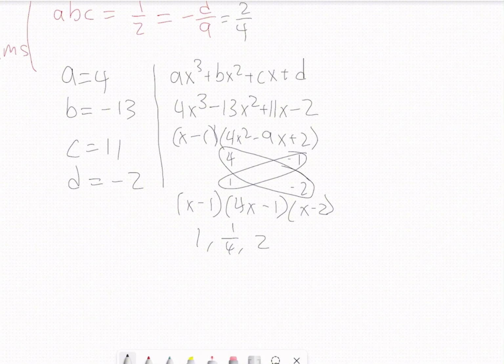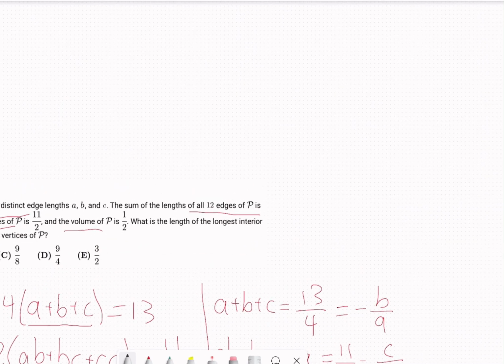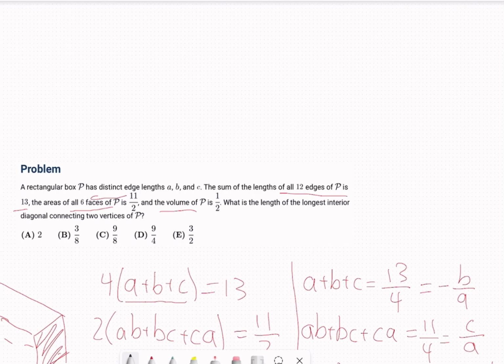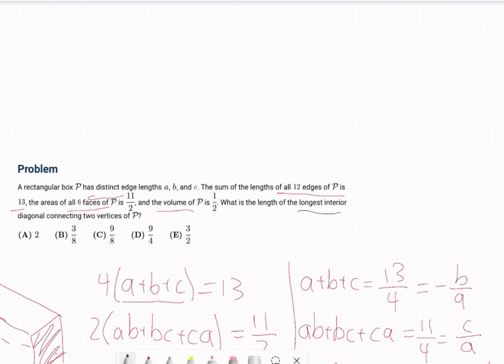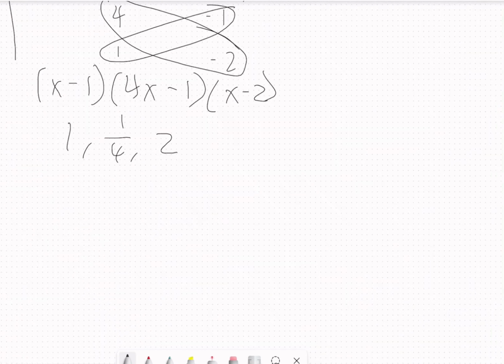So knowing these roots, we remember the formula and what they're looking for. Do not add the roots. That is a common error here. What is the length of the longest interior diagonal? That length is just the square root of a squared plus b squared plus c squared, where a, b, and c are the side lengths of the box, in this case the roots of the polynomial.